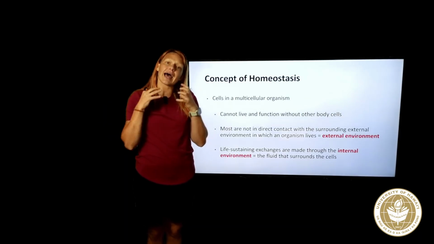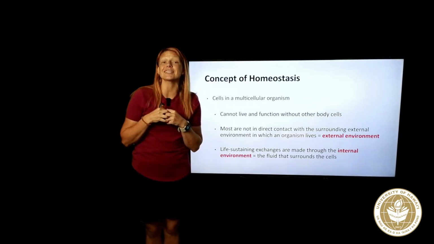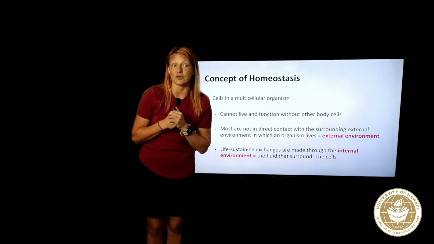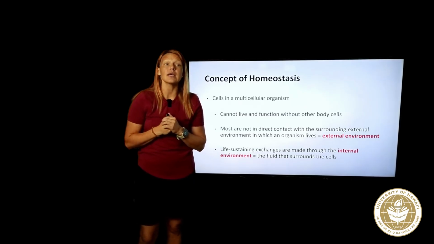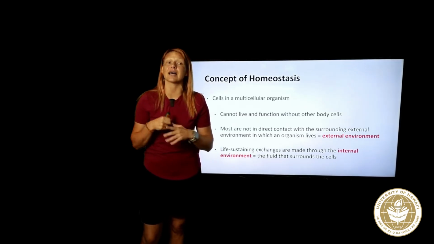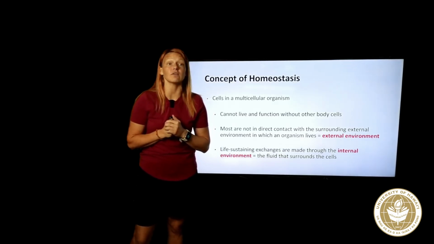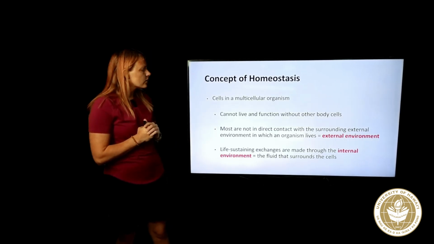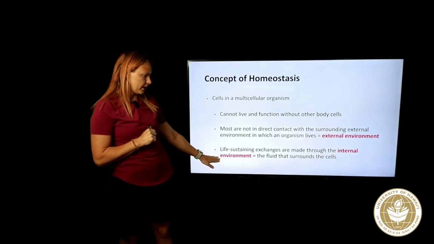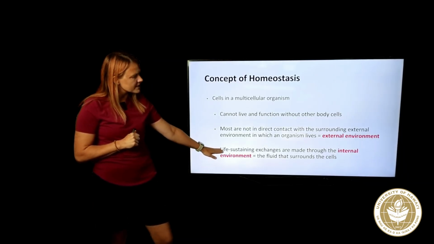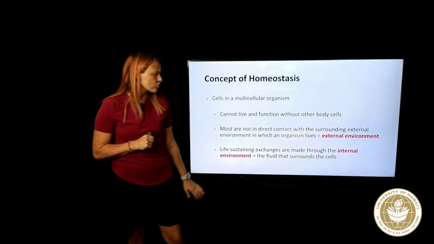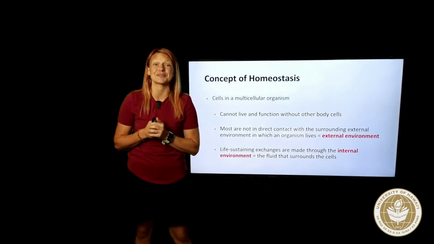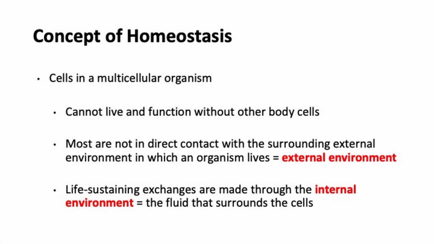So how can that muscle cell make vital exchanges with the external environment with which it has no contact? The key is the presence of a watery internal environment known as the internal environment. So life-sustaining exchanges are made through the internal environment. That is the fluid that surrounds the cells.